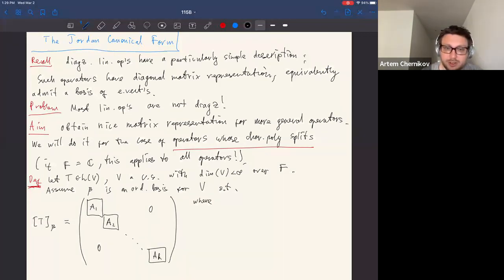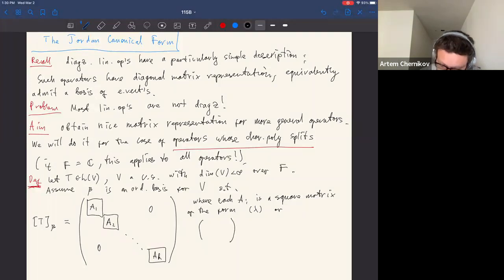So such that each Ai is a square matrix of the form: it can be a 1-by-1 matrix, and in this case it just has one entry, lambda. So it's either a 1-by-1 matrix with an arbitrary value lambda, or it is a square matrix of the following form.